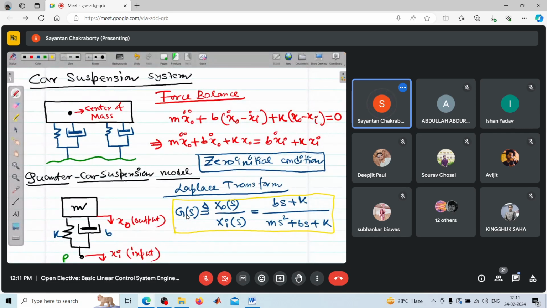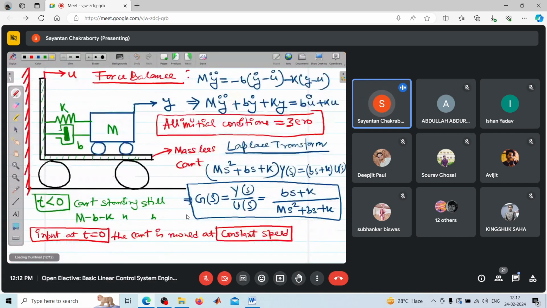right? So for each and every suspension system that is involved in each and every car, we'll get a model like this, which is strikingly similar to what we got for this sort of a system as well. Although it represents something from a first impression, it represents something completely different.